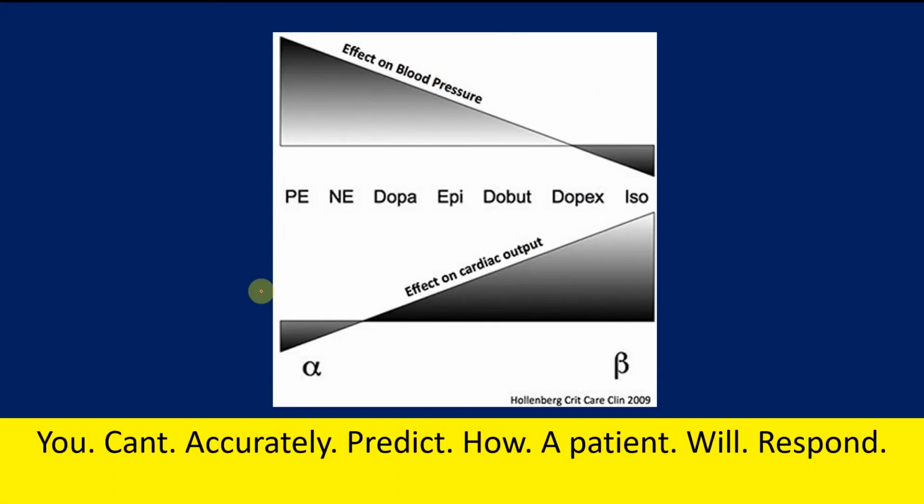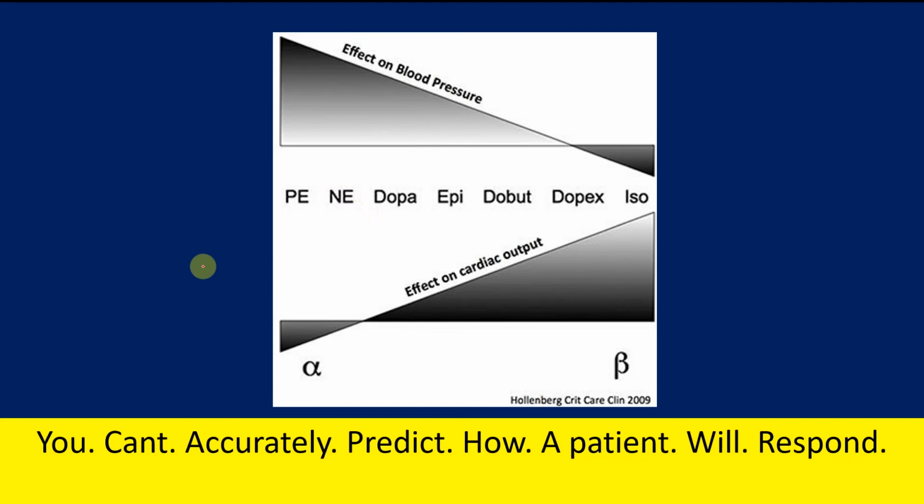Sometimes when we give pressors, we expect a certain effect. We have to understand, though, that not every patient responds the same way. So imagine we're transporting a patient on norepi and we're going to expect a certain response out of that.